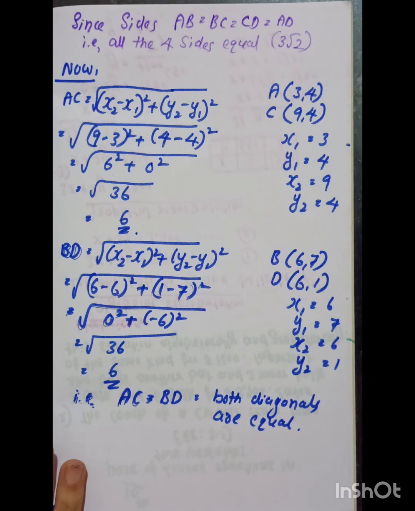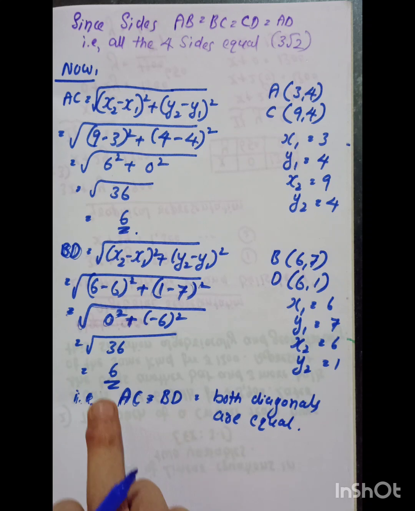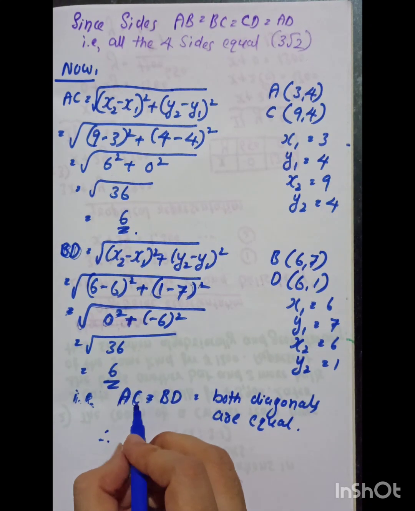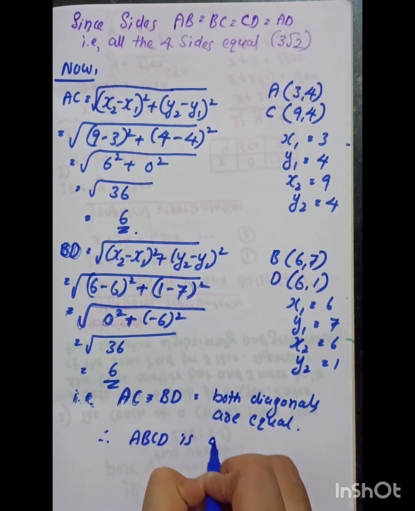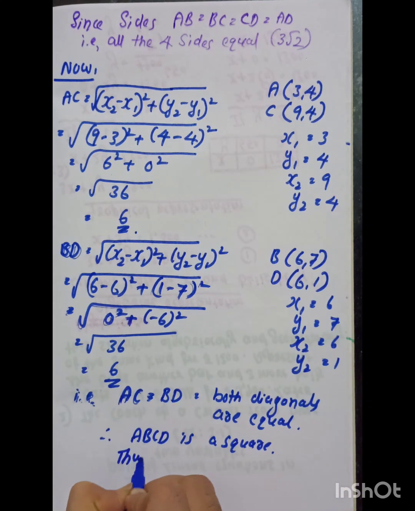As we observed here, all the sides are equal and both the diagonals are equal. The main property of the square is that all sides should be equal and diagonals should be equal. Here all sides are equal, that is 3 root 2, and diagonals are equal, that is 6. So we can easily say ABCD is a square, and thus Champa is correct.